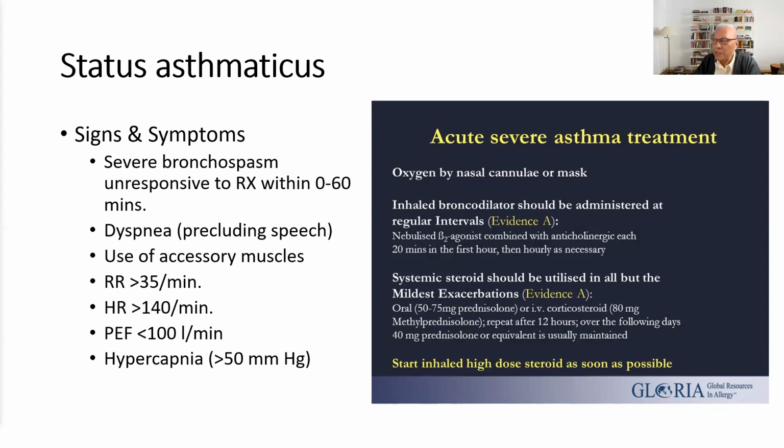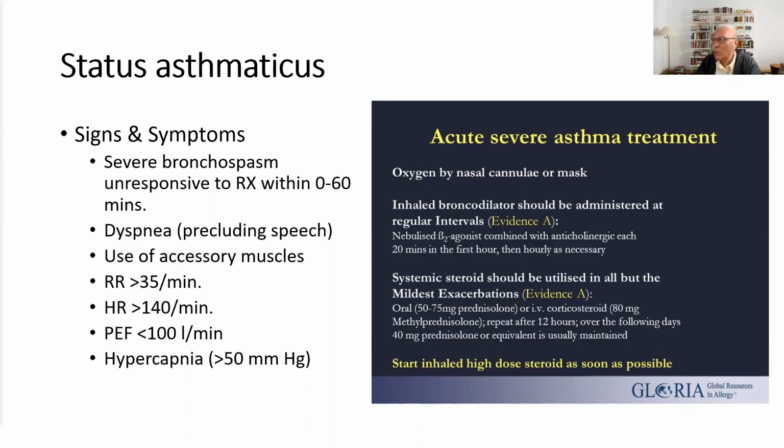If the patient is going to be experiencing status asthmaticus, what you need to do is administer oxygen and, of course, prepare for immediate emergency intubation. And usually, these patients will have to be put on mechanical ventilation.